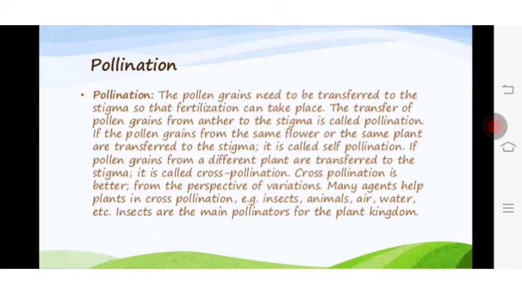If pollen grains from a different plant are transferred to the stigma, it is called cross-pollination. Cross-pollination is better from the perspective of variations. Many agents help plants in cross-pollination, for example insects, animals, air, water, etc. Insects are the main pollinators for the plant kingdom.